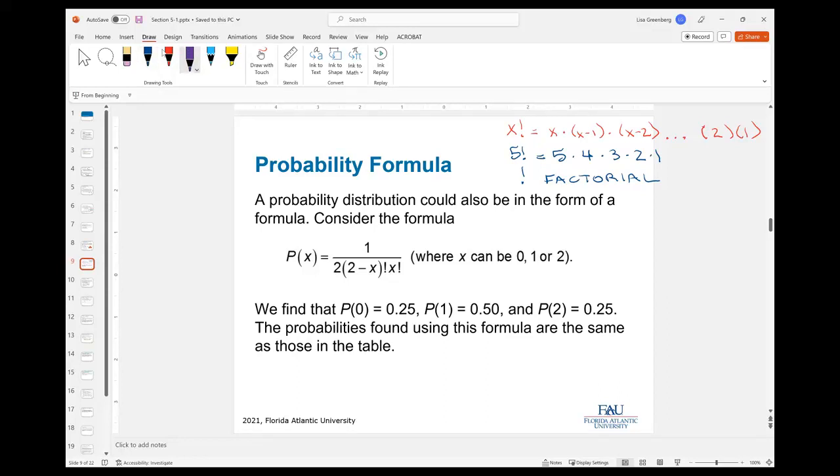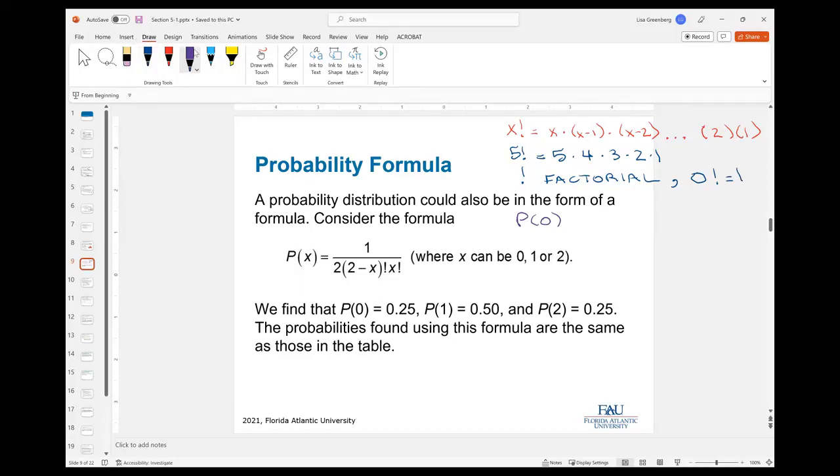So I can say P of 0. Oh, very important, one more thing: 0 factorial equals 1. So that's an important part.